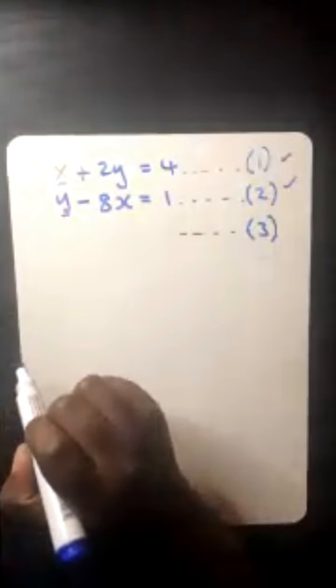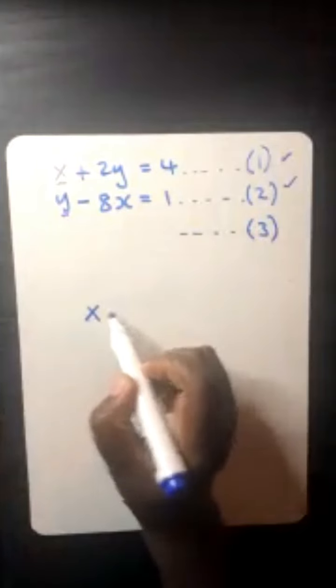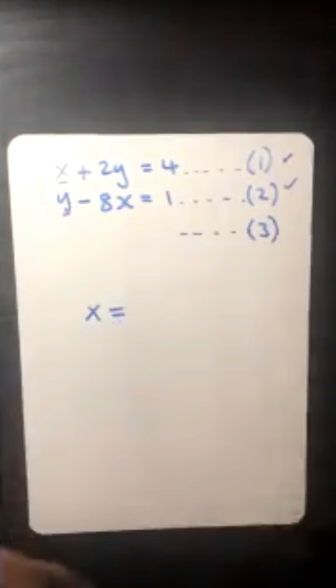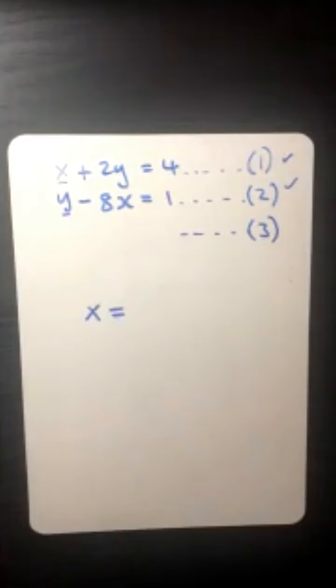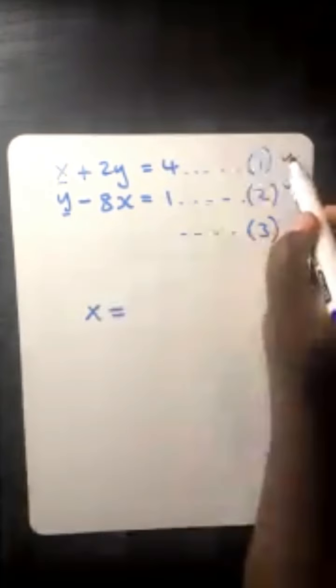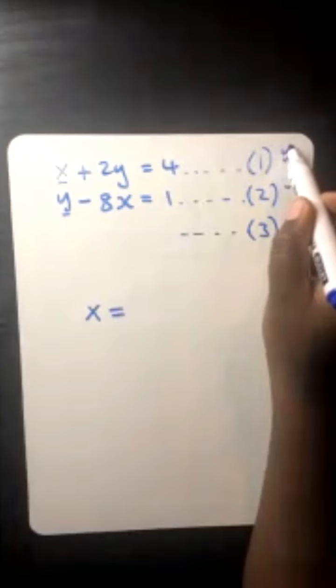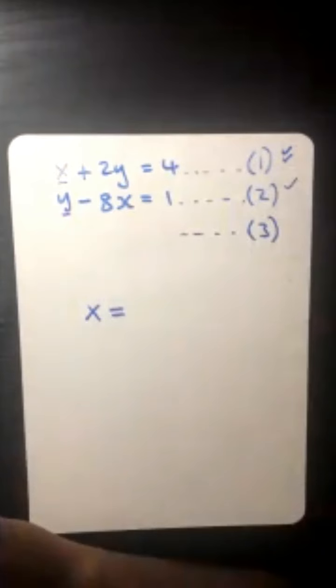So you must remain with the unknown on the left side of the equation and move everything to the other side of the equation.